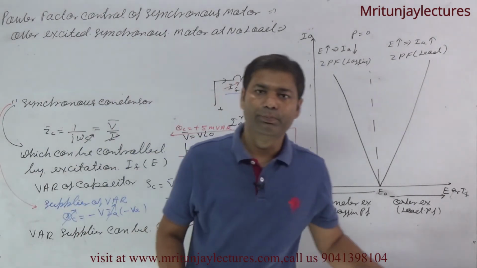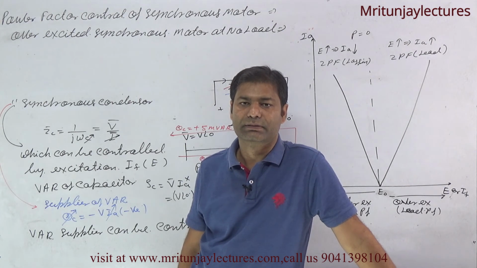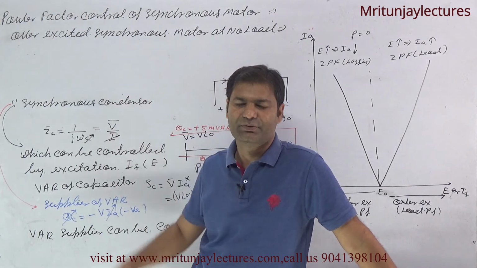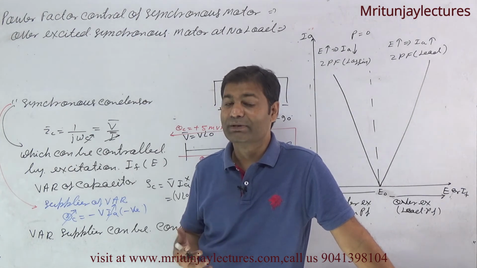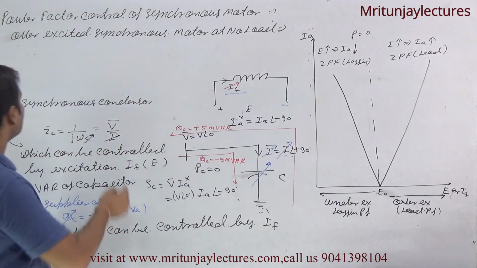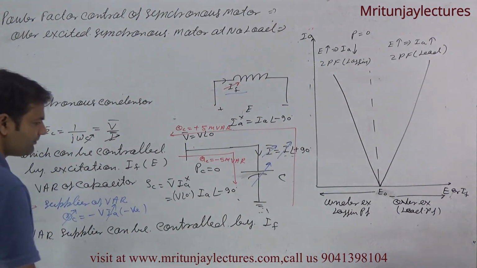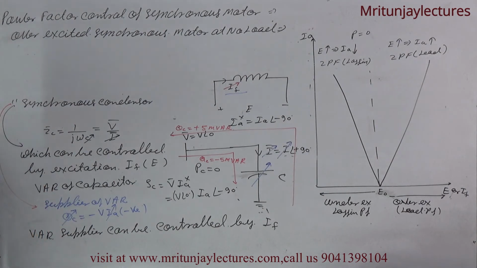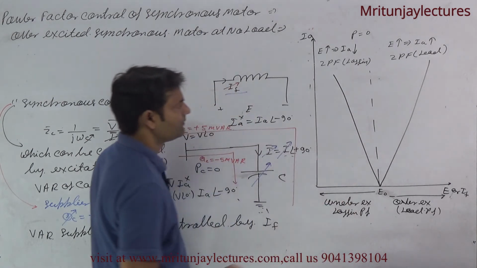Now if you want a power variable capacitor in a power system, basically this is utilized in power systems. If you want a power variable capacitor, then utilize an overexcited synchronous motor at no load. Clear?